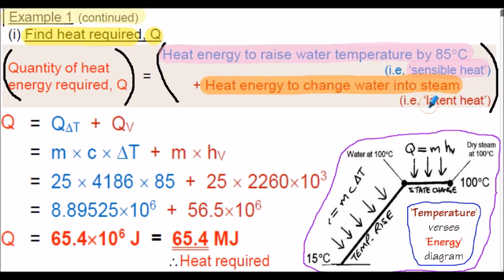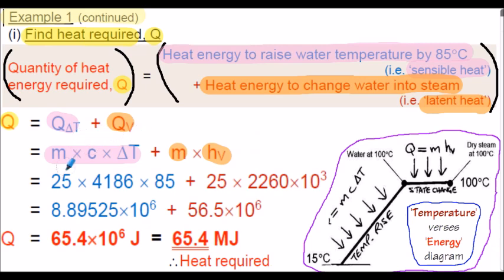That's the latent heat. So in simple form, on the left hand side I have Q, total heat energy required, and that's equal to what I've termed Q delta T added to QV. Q delta T is simply M multiplied by C multiplied by the change in temperature, and QV is M multiplied by HV. That's the specific latent heat of vaporization in this case.